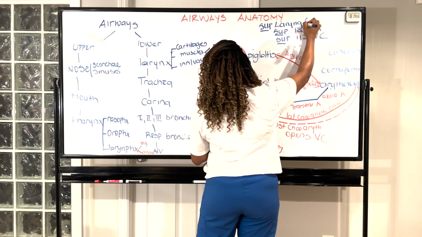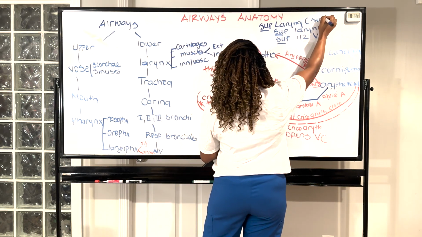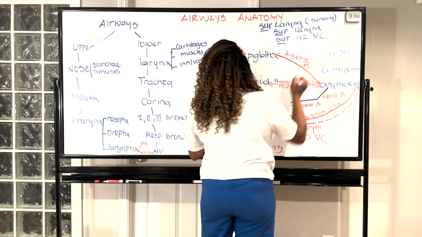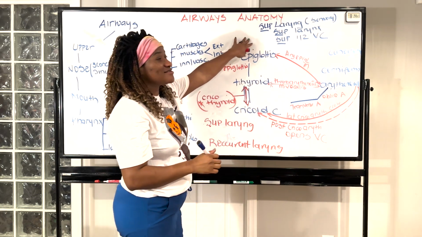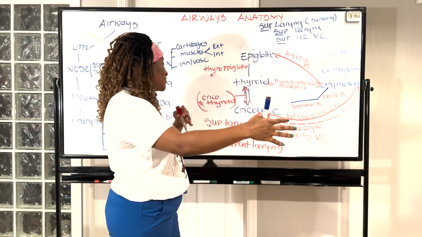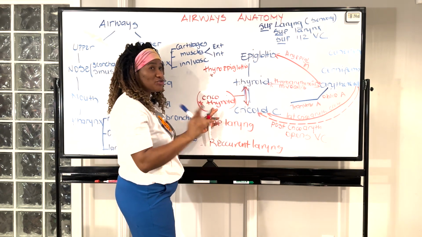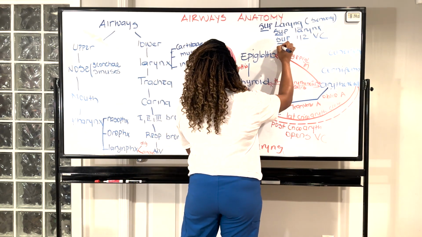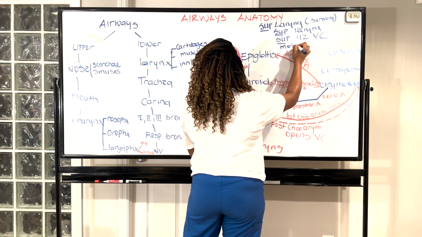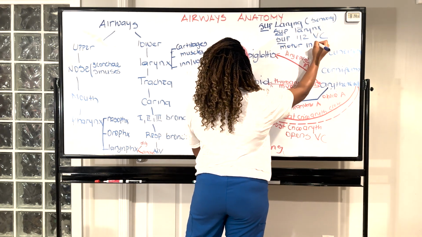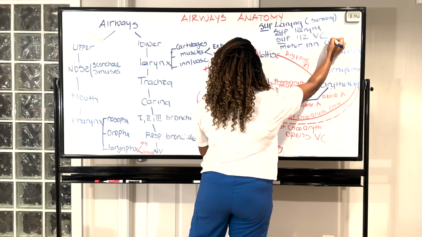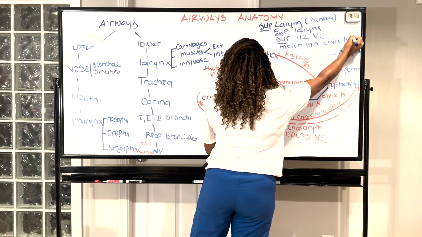And this is the sensory innervation. Now, that superior laryngeal nerve also has an external branch that is going to innervate the cricothyroid, the motor innervation. And it's also going to do the motor innervation of the cricothyroid.